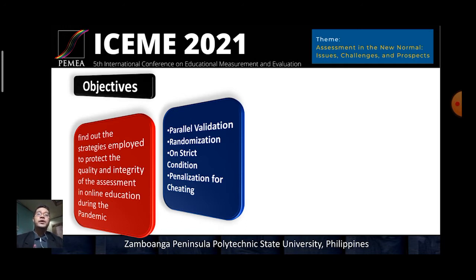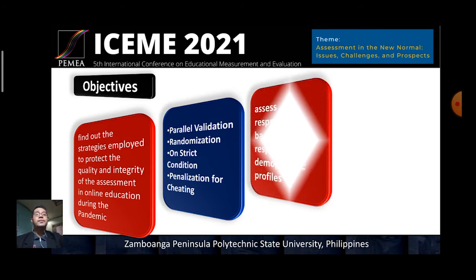We also have randomization, which means you randomize items, specifically multiple choice items, so the students will not be able to identify patterns of correct or wrong answers. Strict conditions refer to teachers setting conditions like limited times and strict deadlines. Penalization for cheating refers to conditions on assessment that whenever they cheat, they will be penalized, but the teachers have to tell this before the conduct of the assessment.